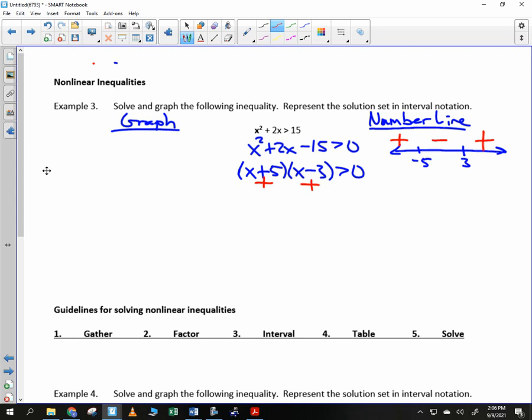Because we're wondering where it's greater than 0, so we're wondering where it's positive. It's positive here and it's positive there. Because there's no equal sign, see that? So therefore my solution is from negative infinity to negative 5, union 3 to infinity.